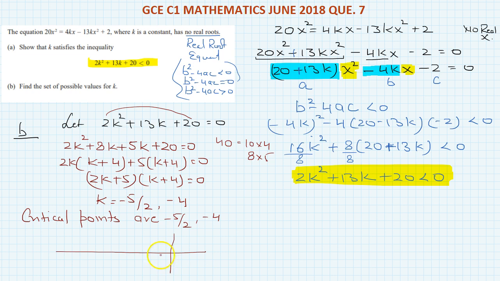Now suppose this is a graph. This is minus 1, minus 2, minus 3, minus 4. This is minus 5 over 2. This is the one point. And we have negative 4. Now we see the shape of the graph. This is positive, so the shape of the graph is this.